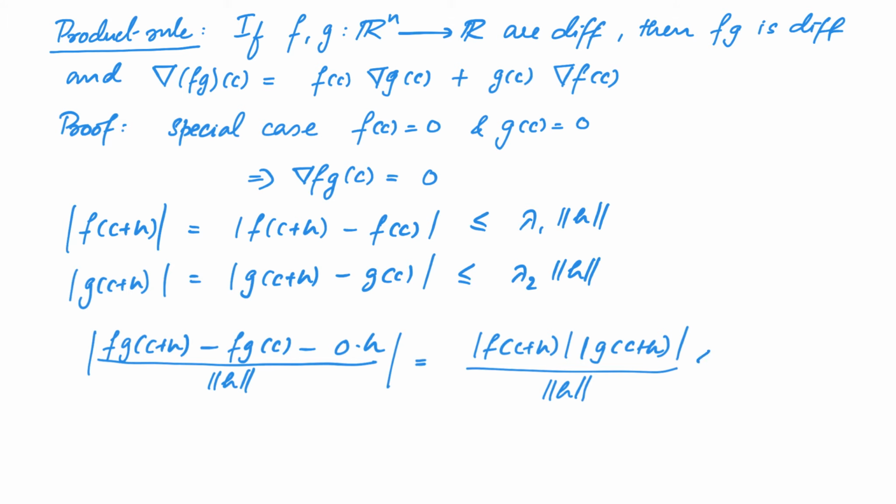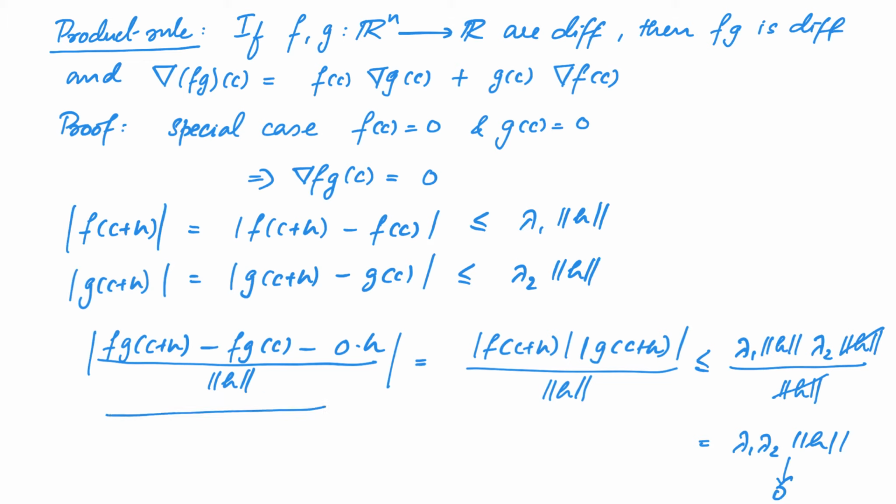Now we know that |f(c+h)| is less than or equal to λ1 times the norm of h and |g(c+h)| is less than or equal to λ2 times the norm of h. Thus we get that this is less than or equal to λ1 times λ2 times the norm of h. Now notice that λ1 times λ2 times the norm of h tends to 0 as h tends to 0, which means that this quantity tends to 0 as h tends to 0.